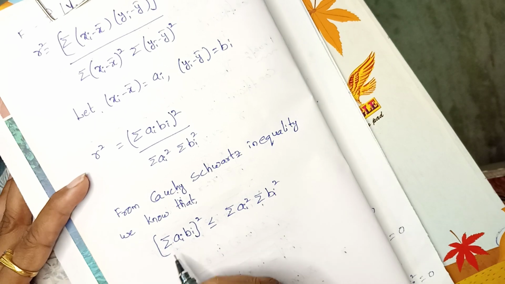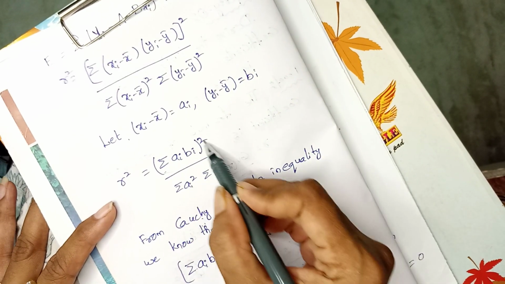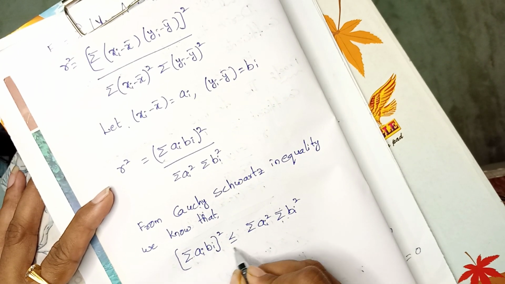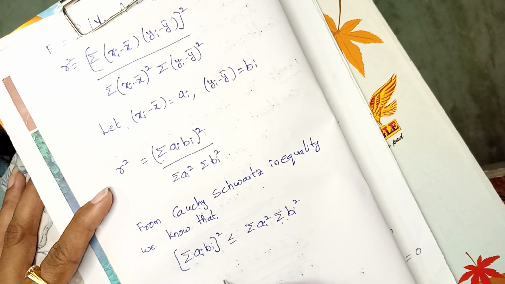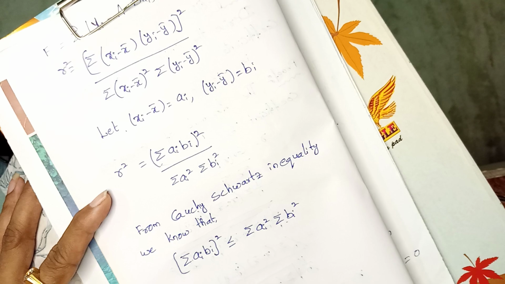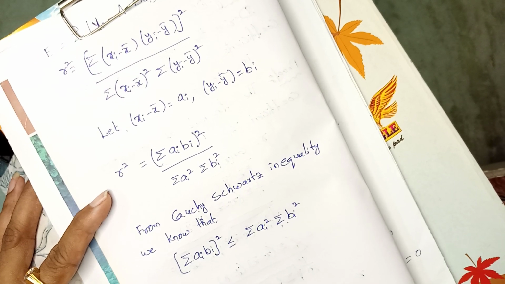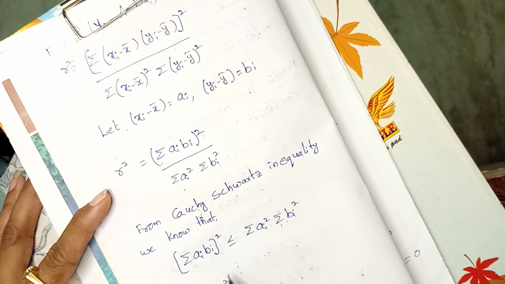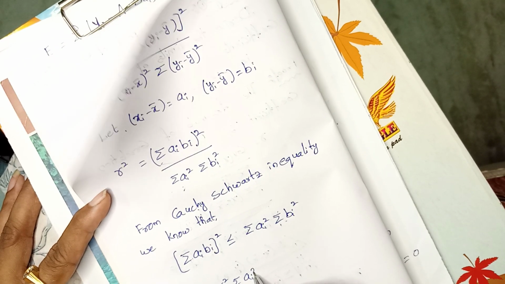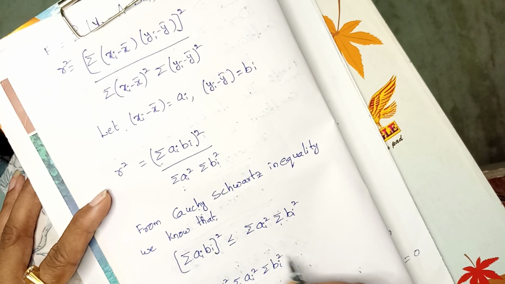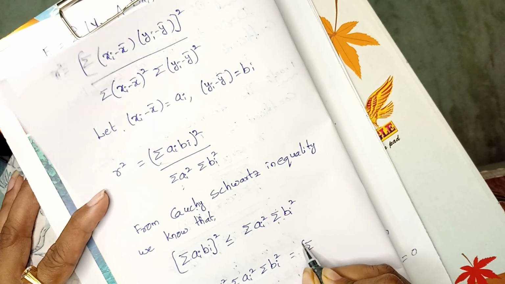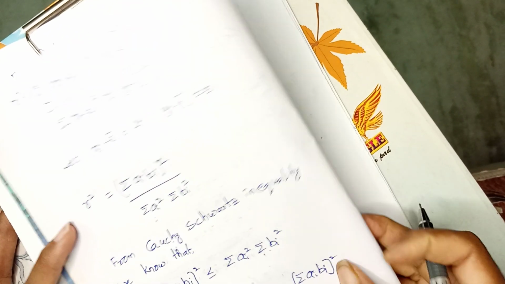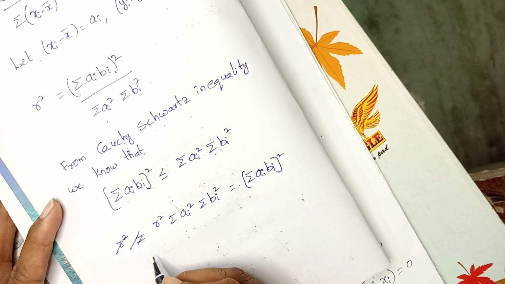Now in place of this I am going to write this one. Or else, one step you can do is cross multiplication, after that you can substitute. So r square into summation ai square summation bi square equals summation ai bi whole square.